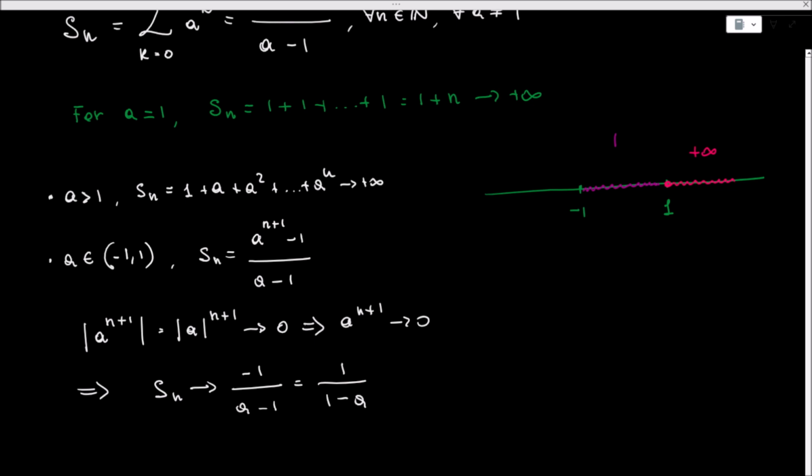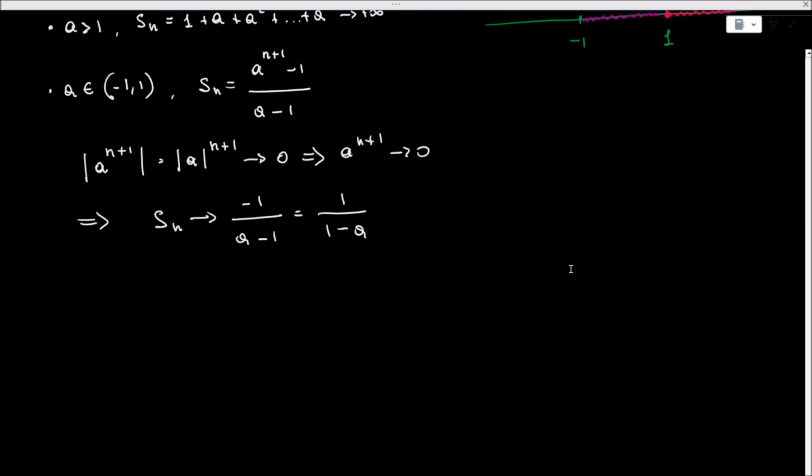Okay, now it's time to consider what happens if a is equal to minus 1. Well, in that case, let me consider the different values of S. Let's make a test. S1, of course, is going to be 1 because this is minus 1 raised to the 0, and we know that this is 1. Then we consider S2.